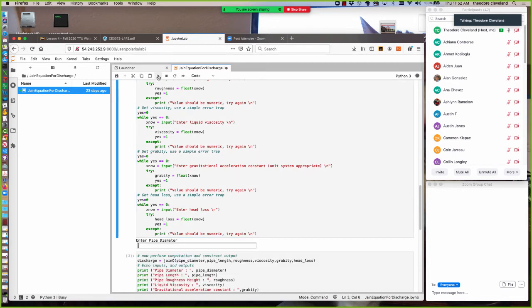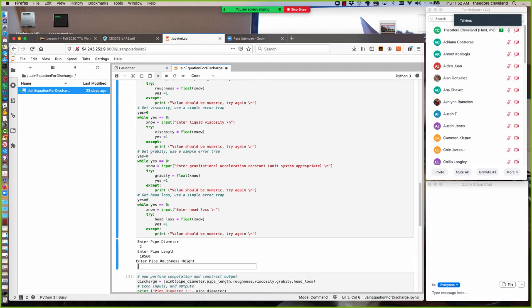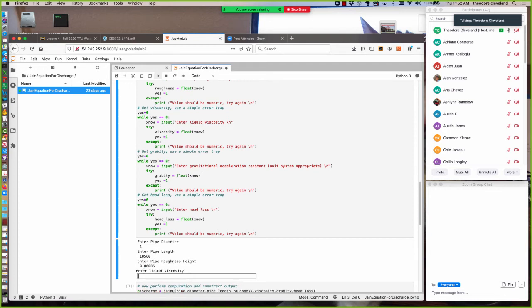And let's go ahead and enter our prior problem, which was a 2-foot diameter pipe. It was 2 miles long. Roughness height, I think that was the roughness height for cast iron pipe.